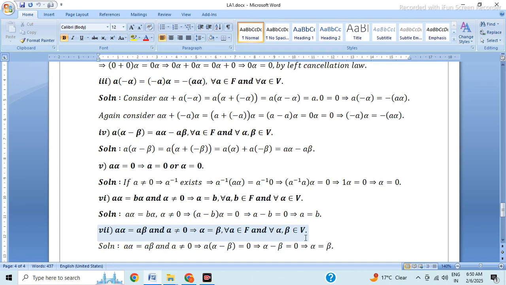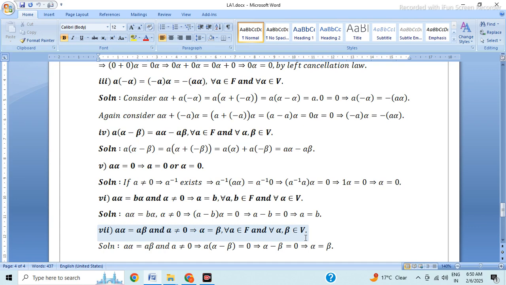Then the seventh one. What is the seventh condition? A alpha equal to A beta. Then we have to prove that alpha equal to beta. A alpha equal to A beta means we can write A alpha minus A beta equal to 0. This is the same as A into alpha minus beta equal to 0.